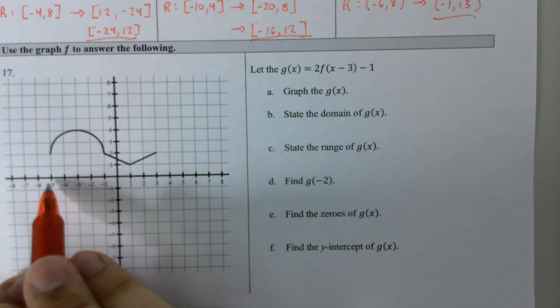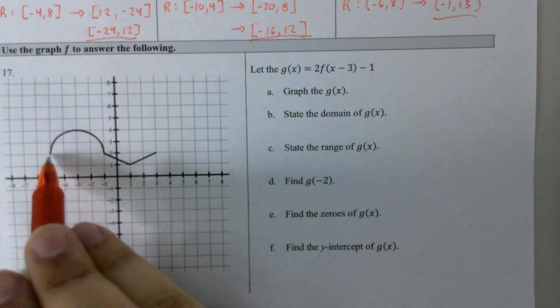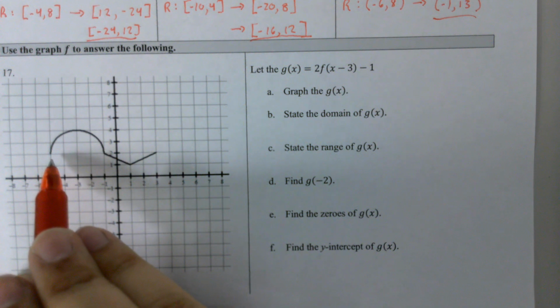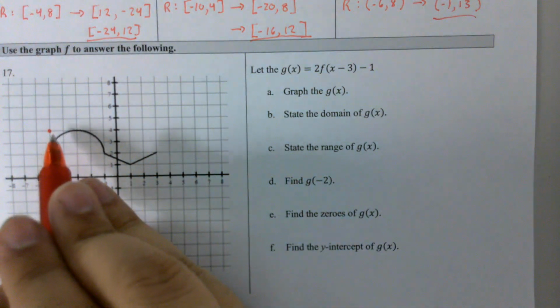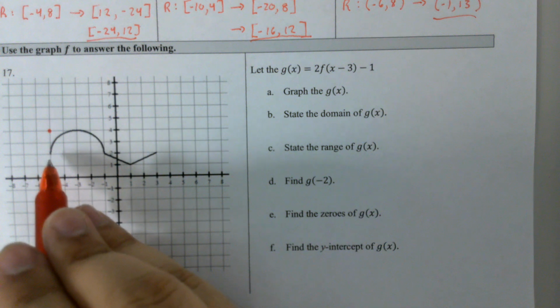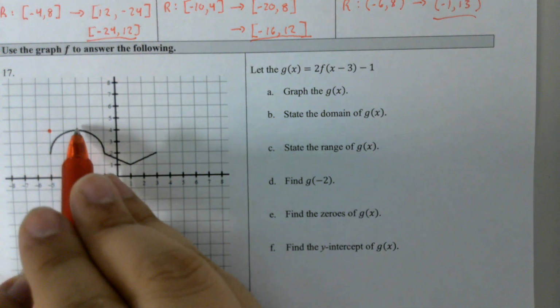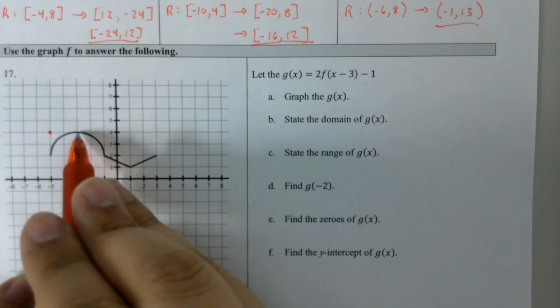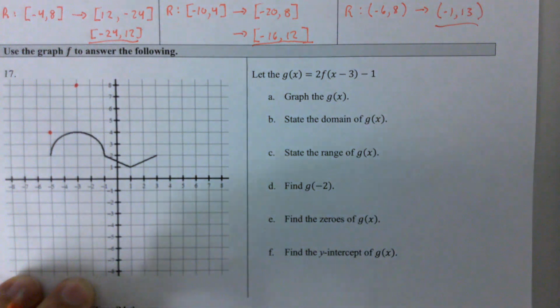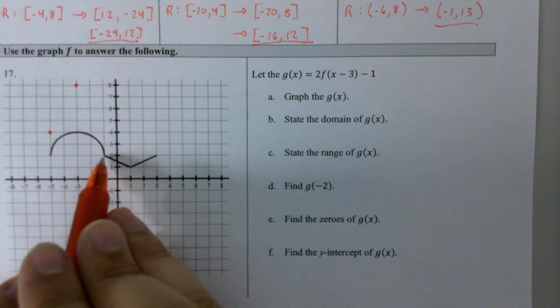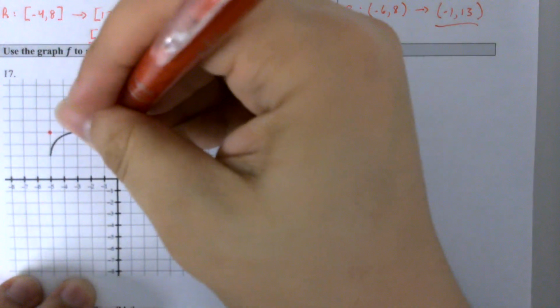So this point right here, negative 5 comma 2, is going to go to negative 5 comma 4. So the y value got stretched from 2 to 4. This point right here, we have a y value of 4. Now it's going to go all the way to 8. For this point right here, we have a y value of 2. It's going to go to 4.